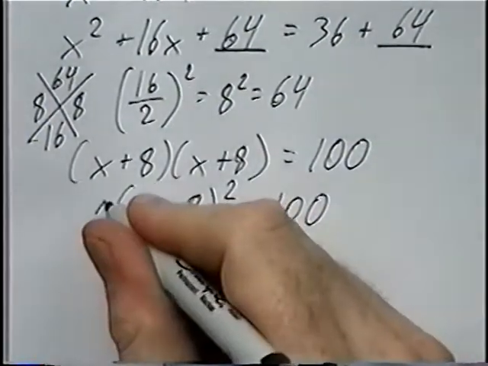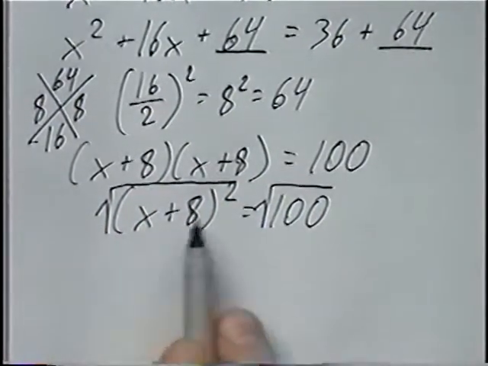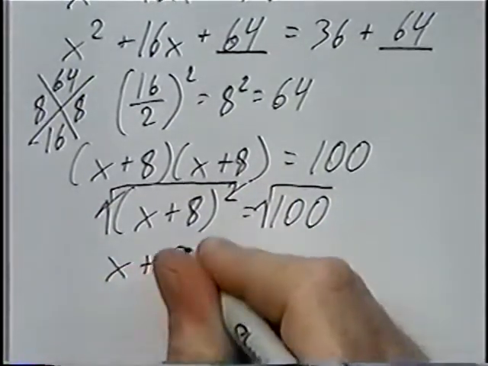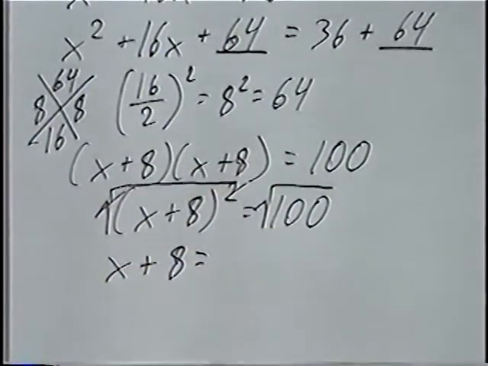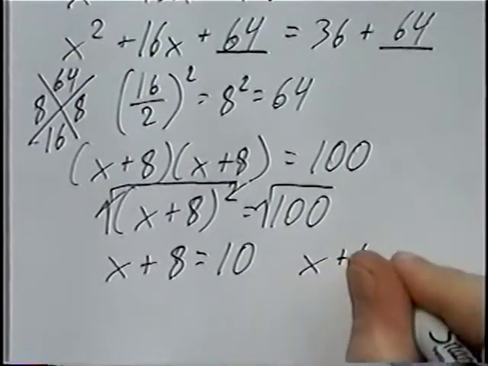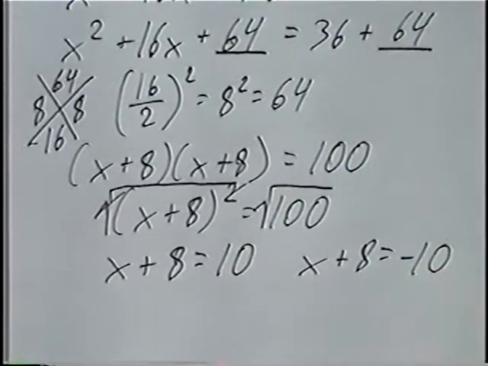Using the square root property, we can take the square root on both sides. The square root and the square cancel, so we'll be left with x plus 8 equals the square root of 100, which is 10, and the second square root of 100 is -10.